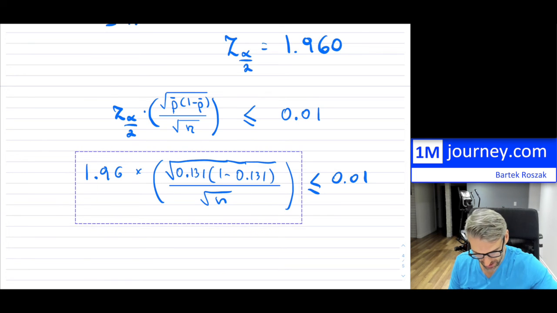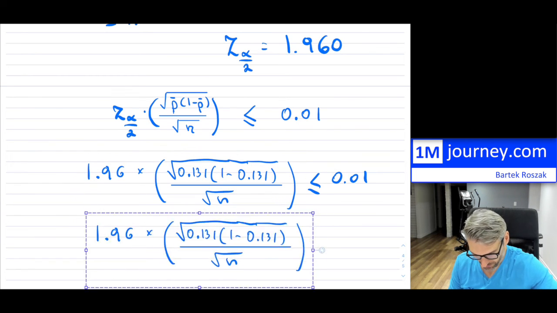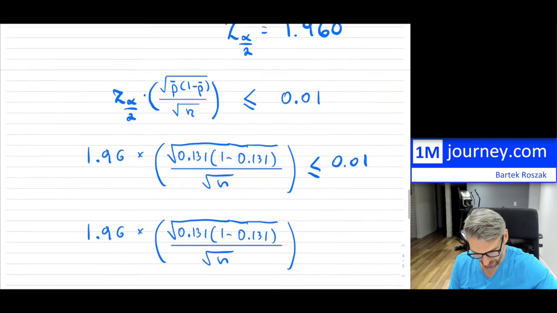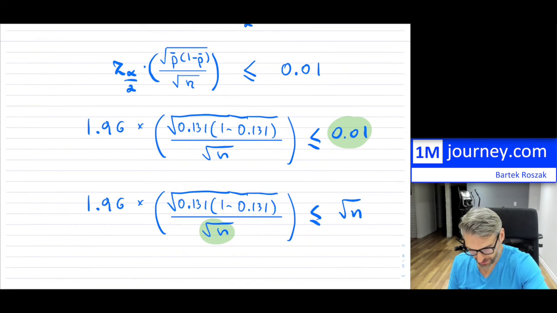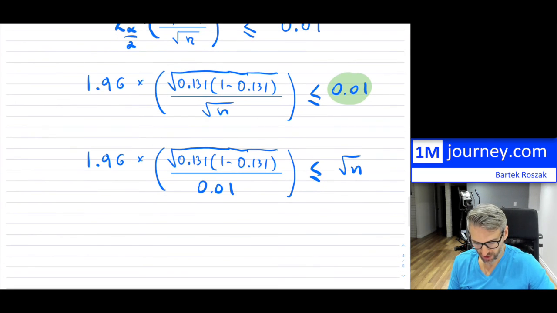Let me just copy this down so I don't have to rewrite it. These two will swap: this will go down, this will go up, so this is going to be the square root of n, and this now becomes 0.01. Then I can square both sides.